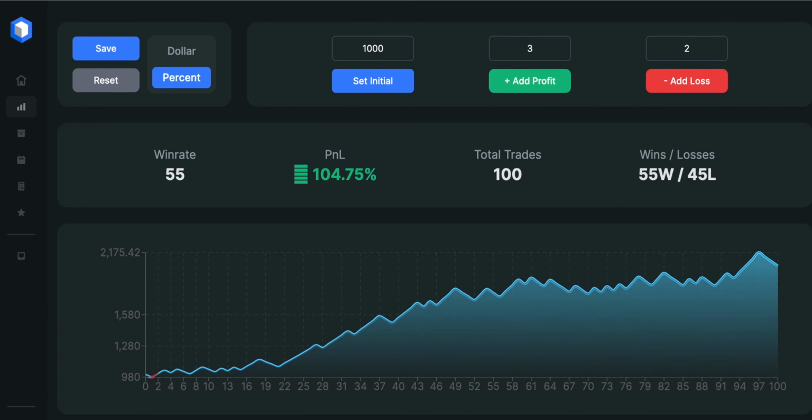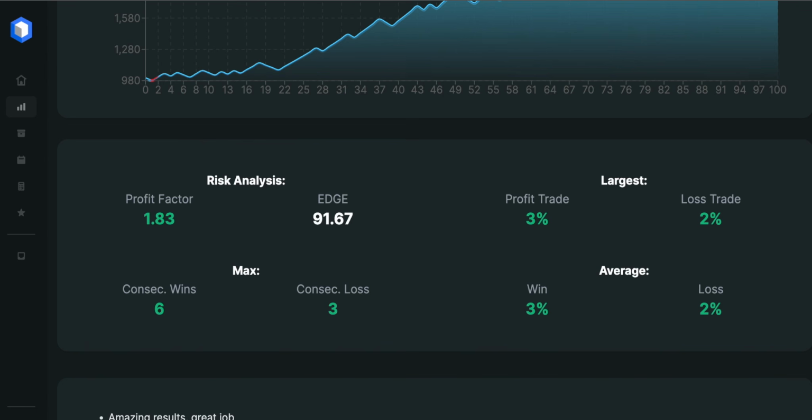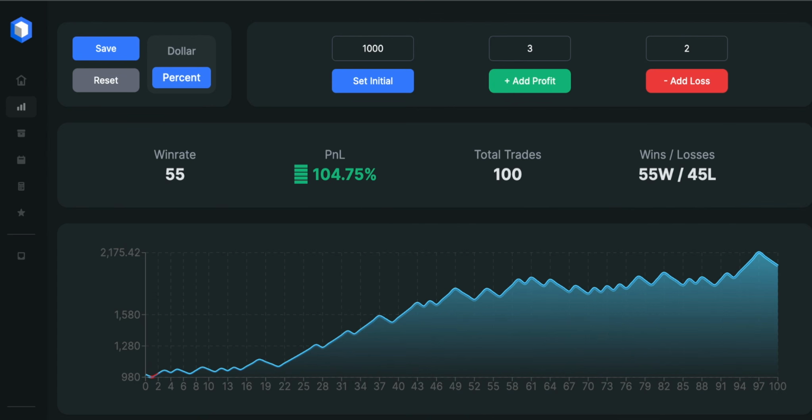So the win rate for this strategy is not 99%, it's only 55%. Our account size has increased by 104.75% after 100 setups, which tells us that the strategy is definitely making some good money. The profit factor is 1.83 and we had 6 consecutive wins against 3 consecutive losses.